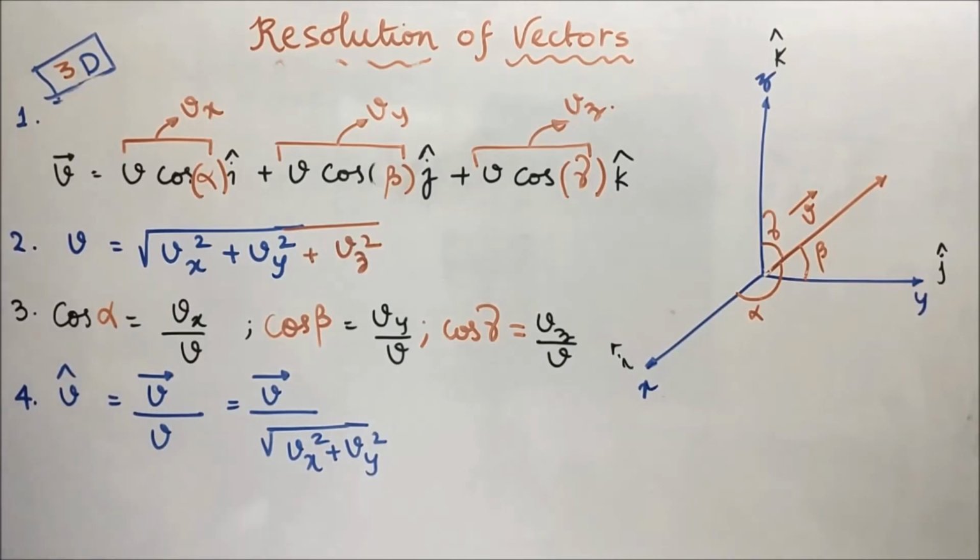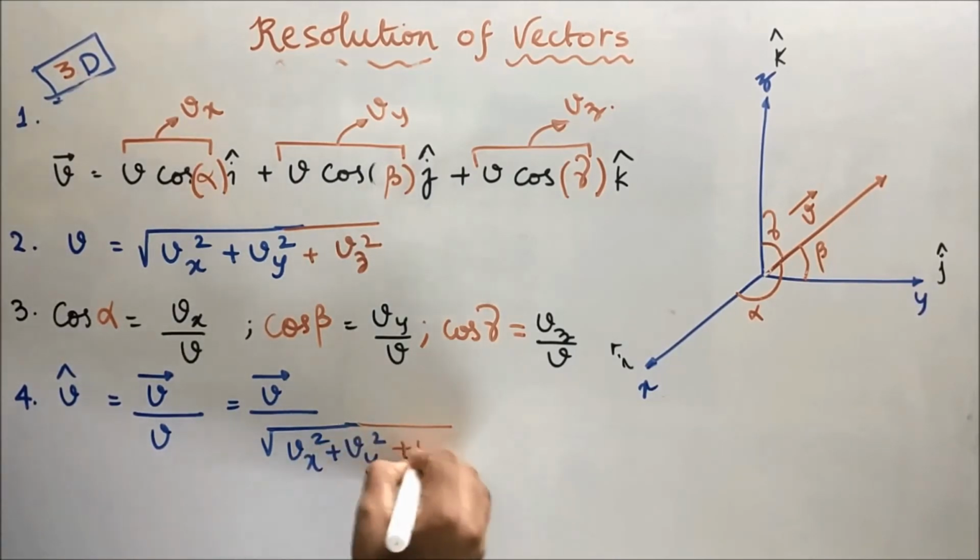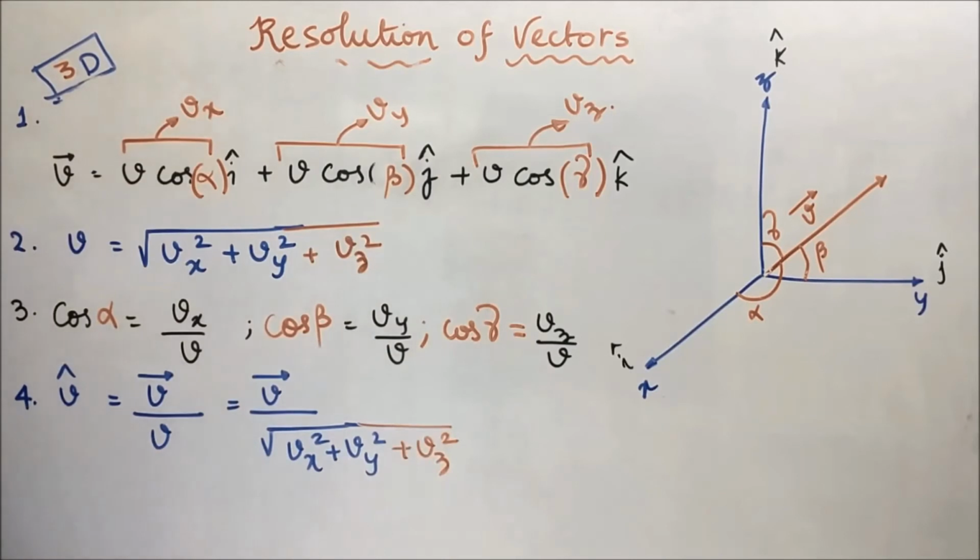So its magnitude is under root of Vx square plus Vy square plus Vz square. So I hope you have understood the results.